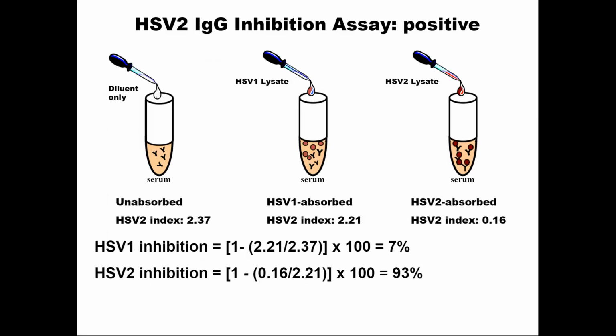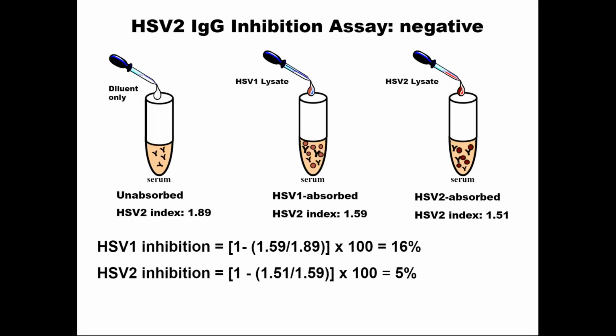And here's just a couple of quick examples. This is an example of an inhibition positive. The unabsorbed index is 2.37, the HSV-1 2.21, the HSV-2 0.16, giving us a type 1 inhibition of 7%, well less than 60, and an HSV-2 inhibition of 93%.